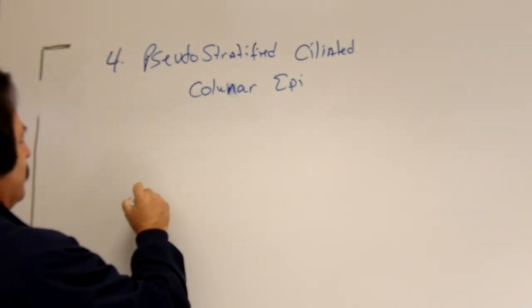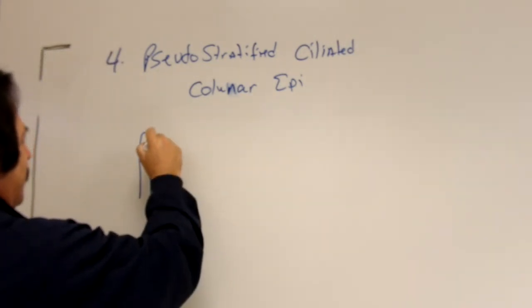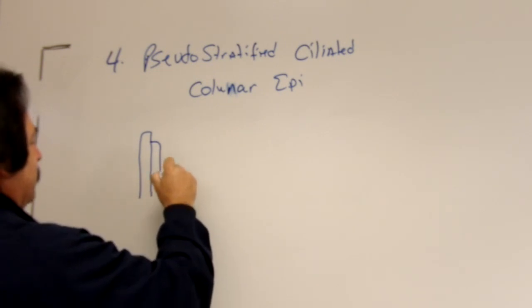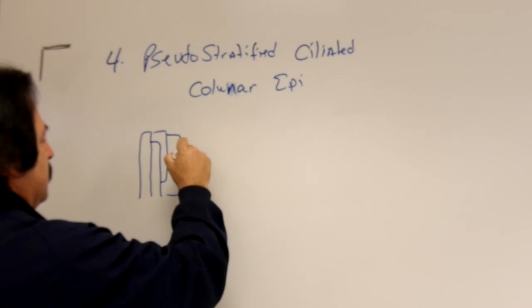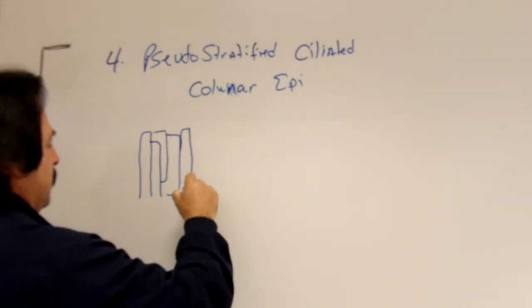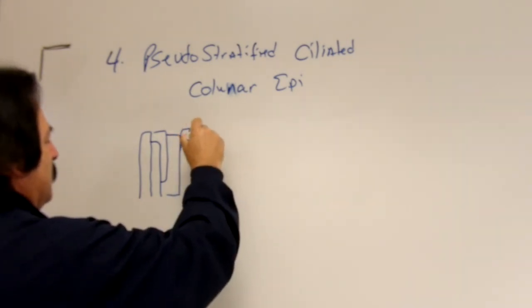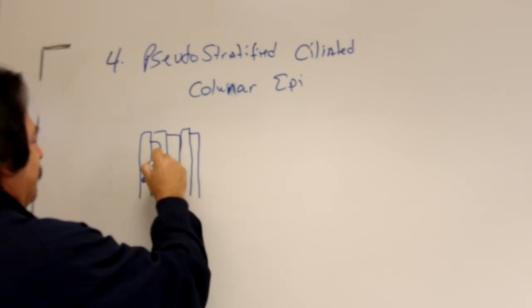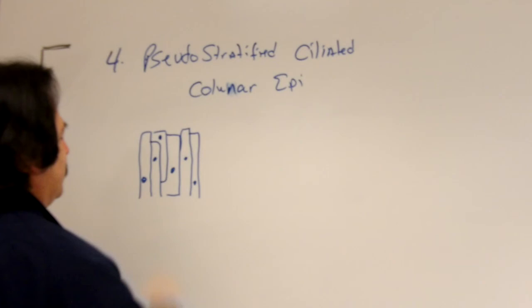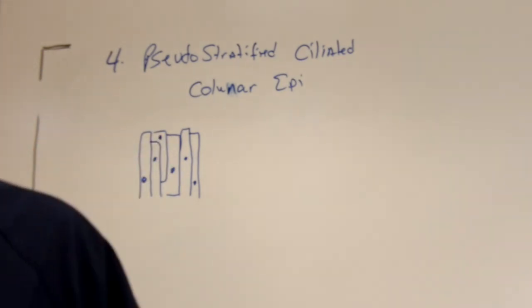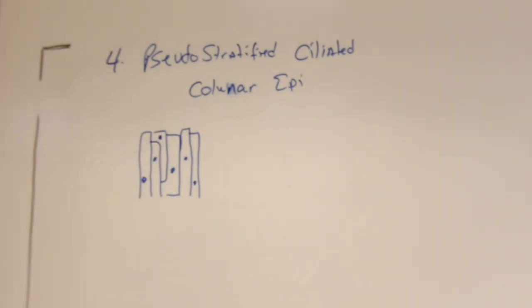So let me show you what that would look like if I were to draw a picture of it. I'll do one more. For the first time, the nuclei are not centrally located. This gives it the appearance of being pseudostratified, okay?